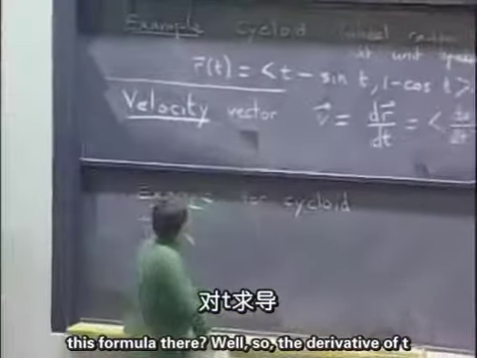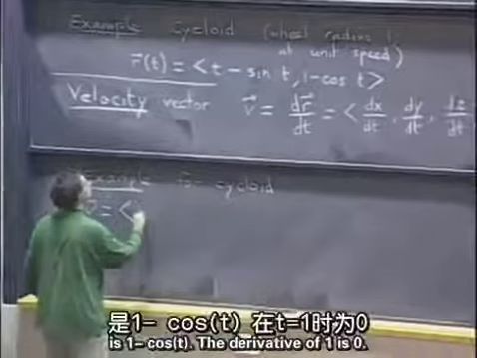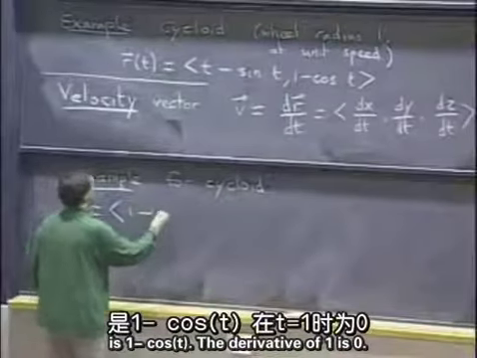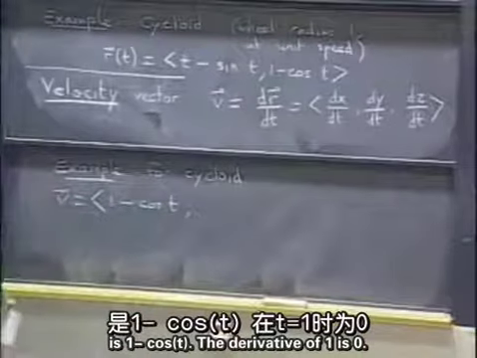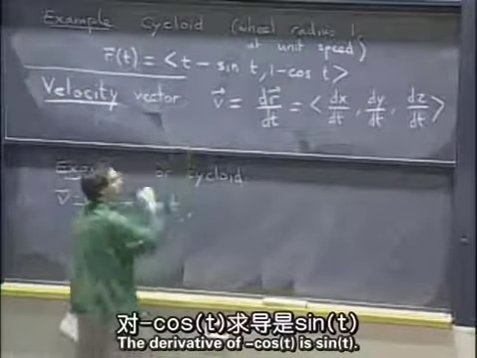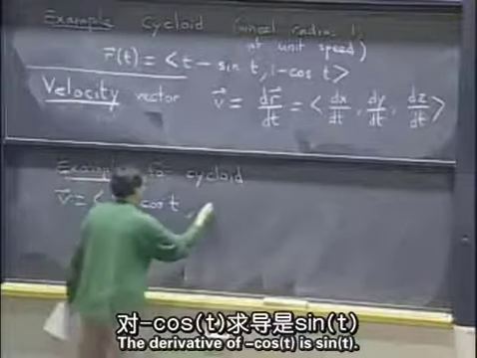Well, the derivative of t is 1 minus cosine t. The derivative of 1 is 0. The derivative of minus cosine t is sine t.